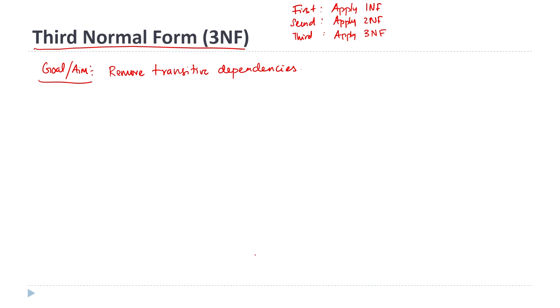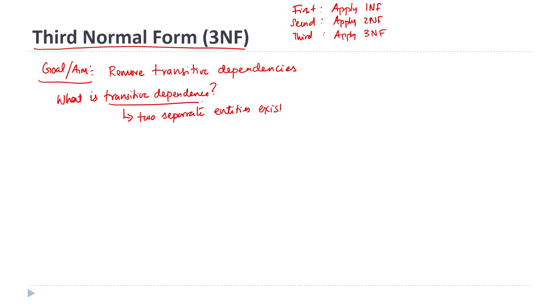So, question is, what is transitive dependence? What does this new word transitive dependence mean? The simplest way to answer this question is two separate entities existing within one table.